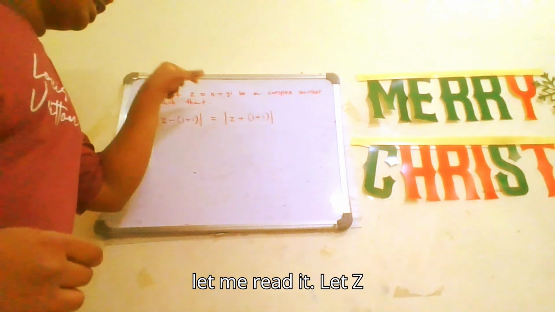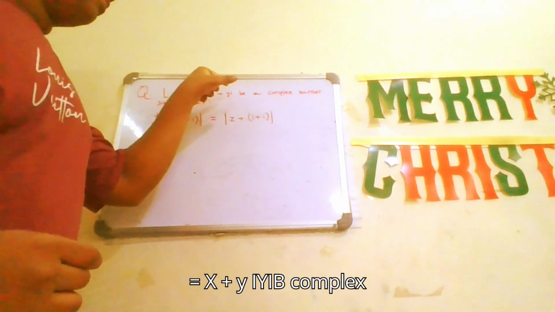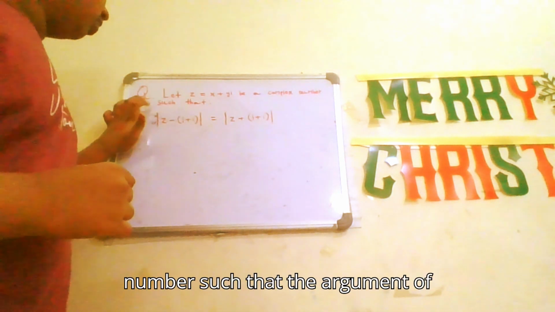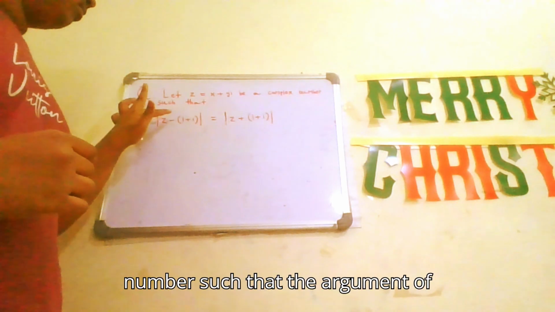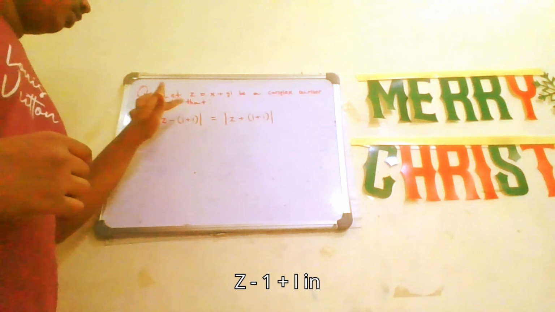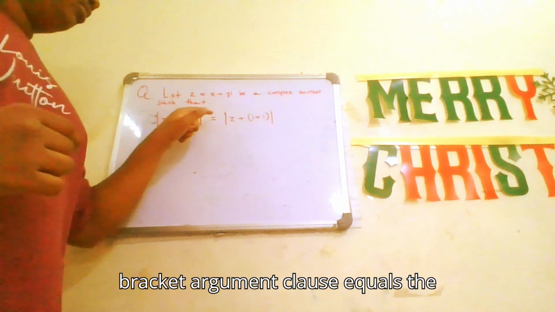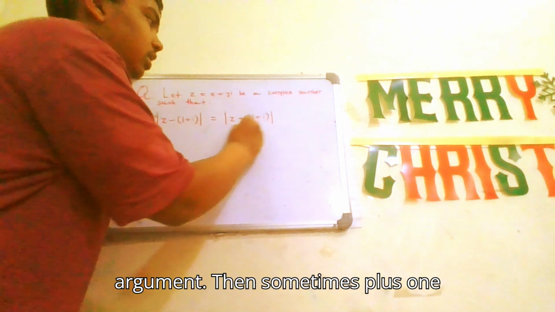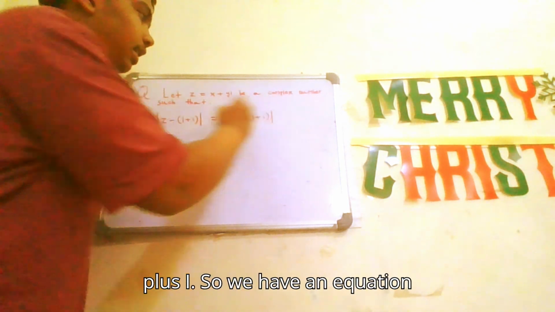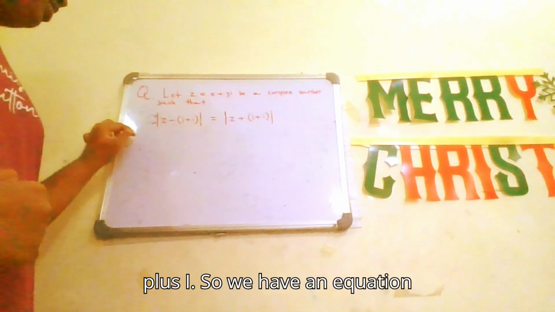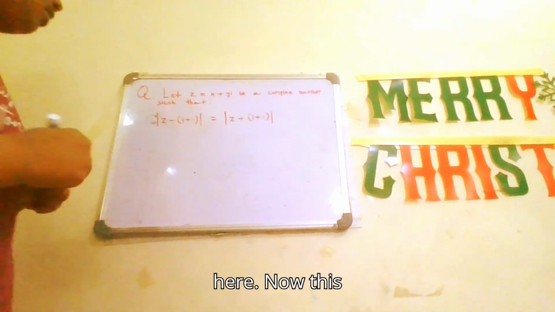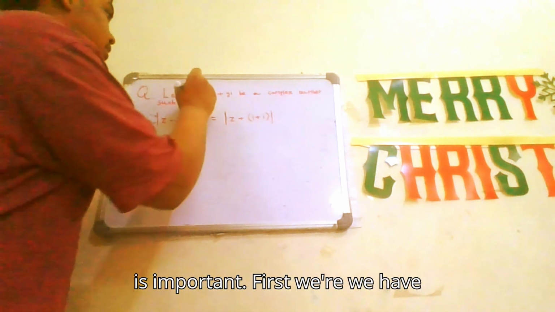Let z equals x plus yi be a complex number such that the argument of (z minus 1 plus i), argument close, equals the argument of this entire thing, (z plus 1 plus i). So we have an equation here. Now this is important.